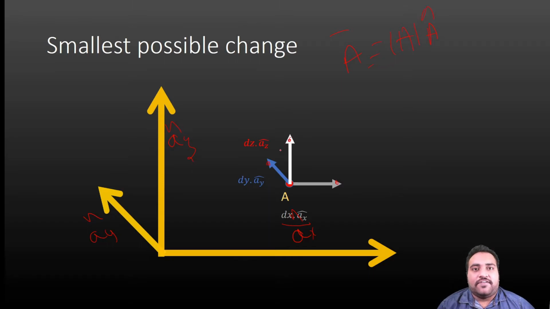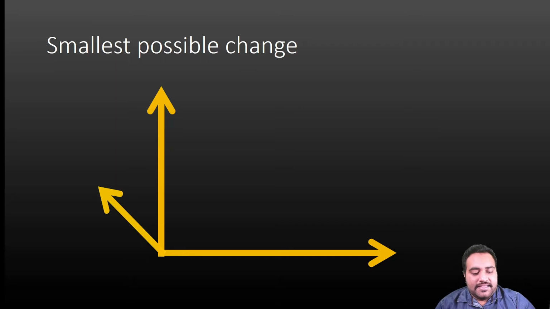But what if there is change in all x, y and z directions? Again, this is the same coordinate system which we have considered. Now let us use the principle of superposition, or I can also say parallelogram law, for vector addition. I am at point A and I assume that the change is only along ax cap, giving me dx ax cap.